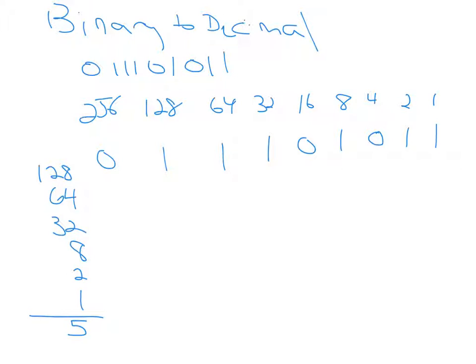So I put down my 5 and carry a 2. 2 plus 2 is 4, plus 6 is 10, plus 3 is 13. So I write down my 3, carry a 1, and I have 235. Note that is the same number I had previously. Next we'll see how we convert binary to hex.